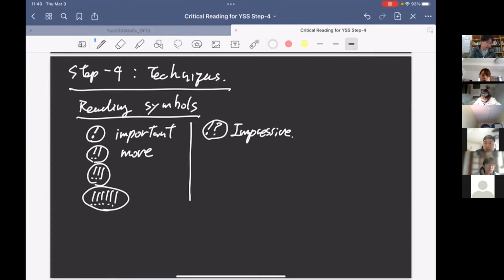And then something that looks similar but is totally different is this one. It's questionable. If you cannot understand what the author claims, maybe you can mark it as questionable.